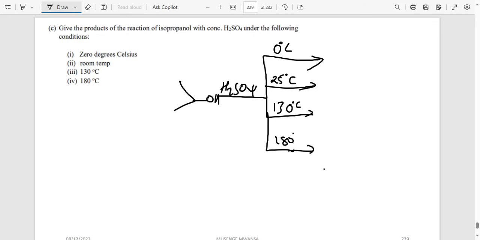So if you react sulfuric acid with water and an alkene, you form an alcohol. The same way happens. But when you are moving from an alkene to an alcohol, you use more water than the acid. But if you use more acid, meaning it's concentrated, you are going to promote a conversion of the alcohol to the alkene. So this is actually going to form the alkene. Okay, that will form the alkene like that.